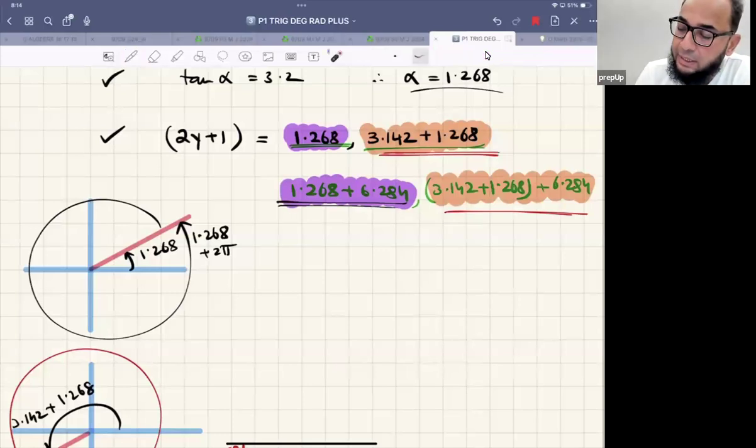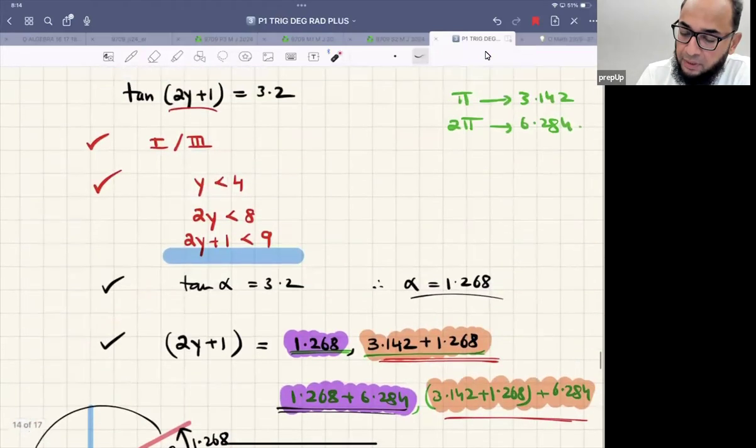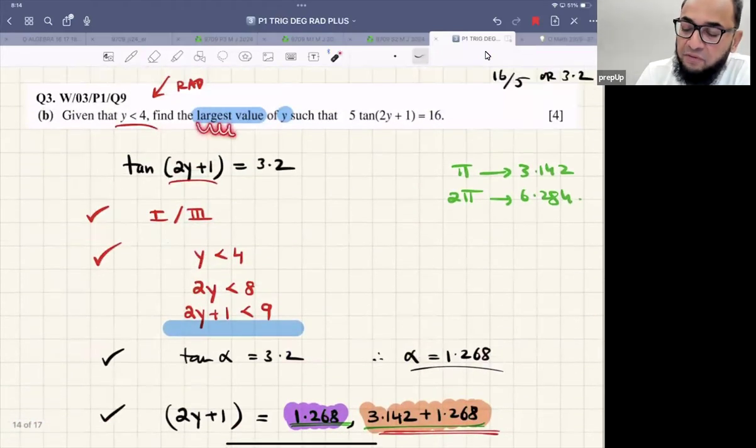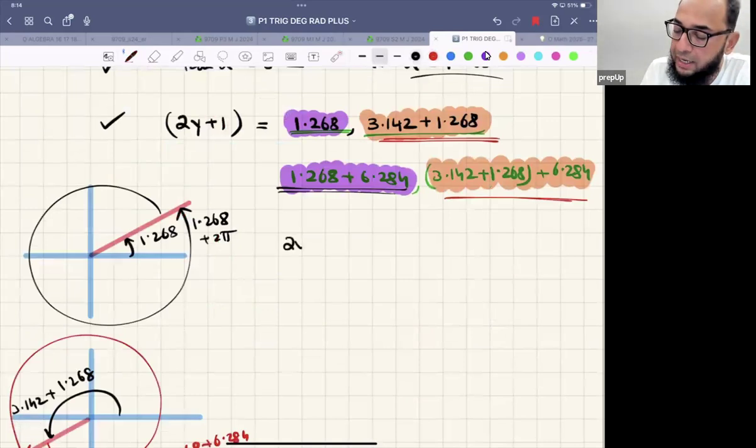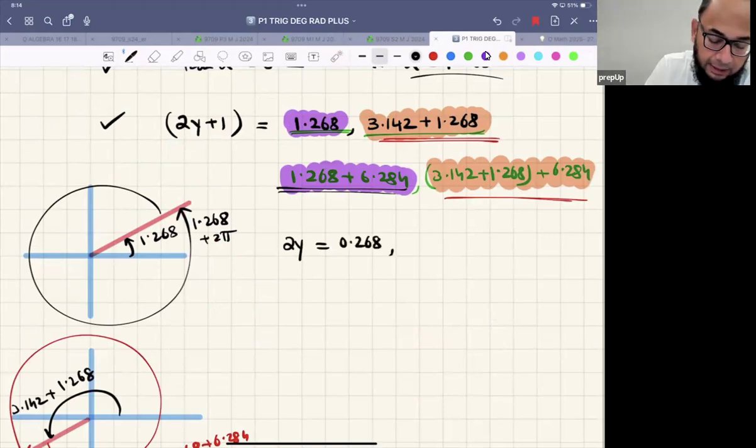Now what I'll do is that I'll subtract 1 from each and then divide by 2. Among these, whichever one is the largest value, just pick that, but make sure y is lesser than 4. So now over here, I'll write 2y is equals to 0.268. This is, let me use the calculator.